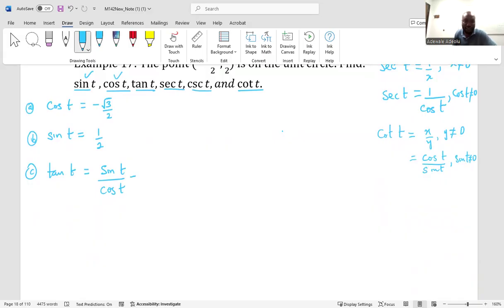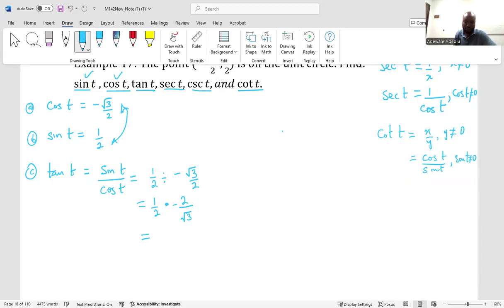Okay, and do we know sine of t? Yes, we know it to be 1/2 divided by cosine of t, which is negative root 3 over 2, from these two, right? So that is 1/2 times 2 over root 3.